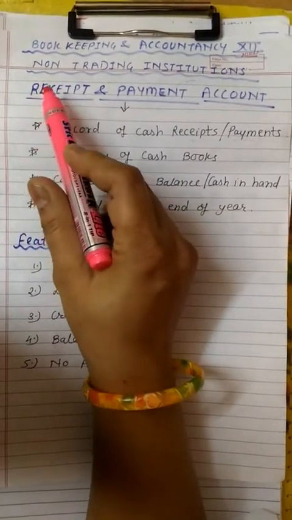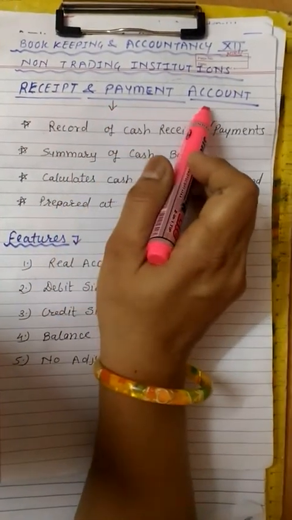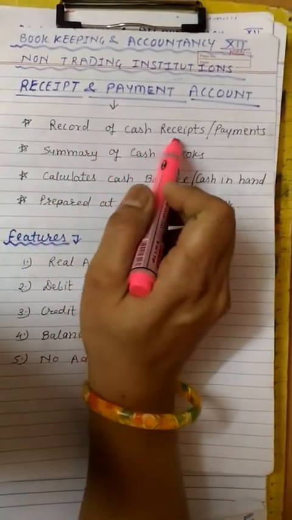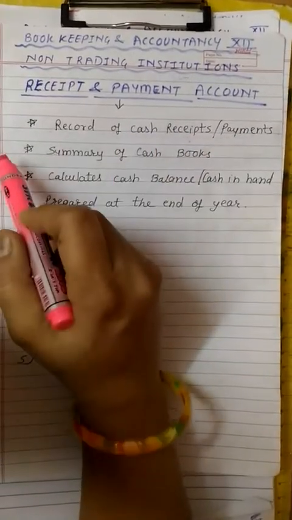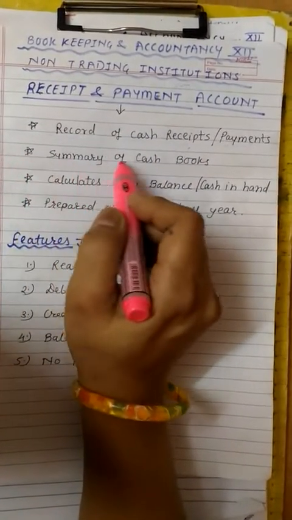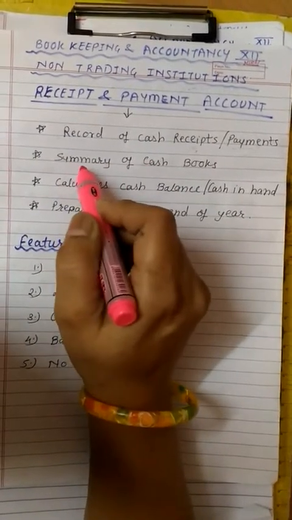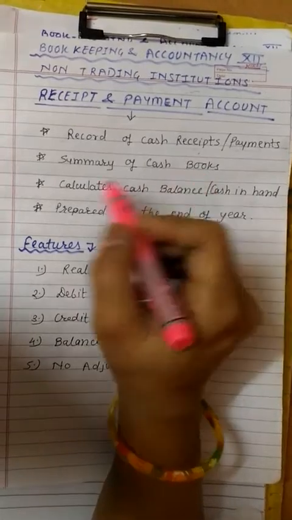And this is also called a summary of cash account. It is used only to record cash receipts and cash payments, and all the cash receipts and all the cash payments are recorded in a summarized form. That's why it is also called a summary of cash book.